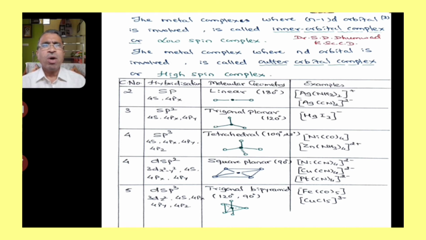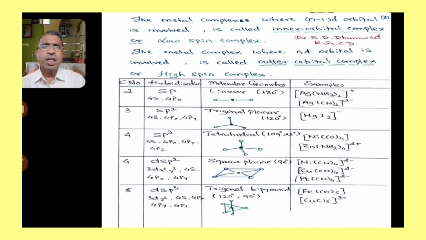The low spin complex is due to the pairing of electrons, so the spin gets lowered, and in high spin complexes there is no pairing of electrons, hence the number of unpaired electrons becomes more, hence the word high spin complex.